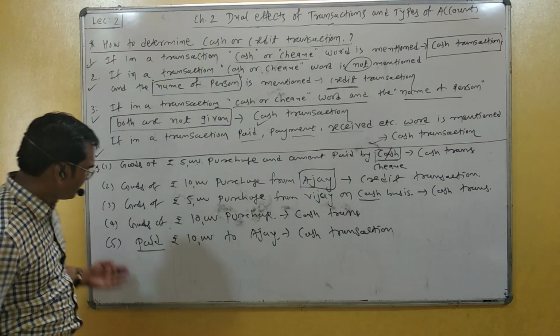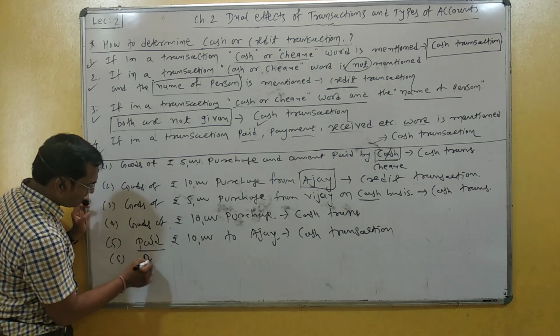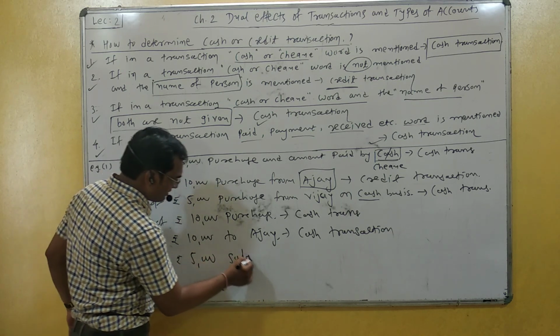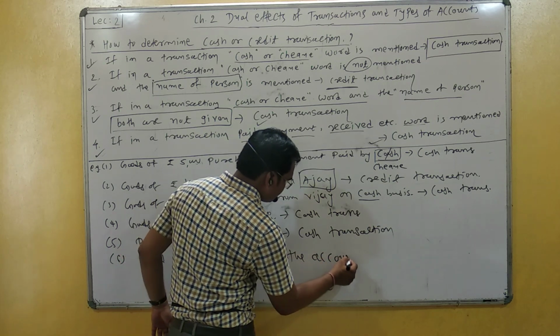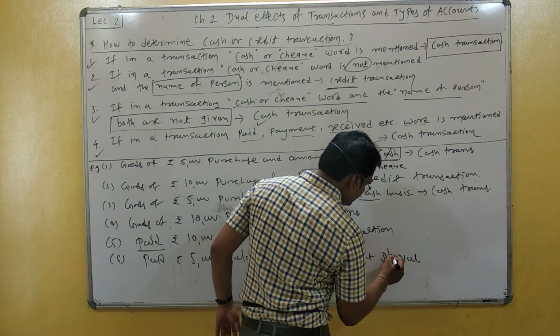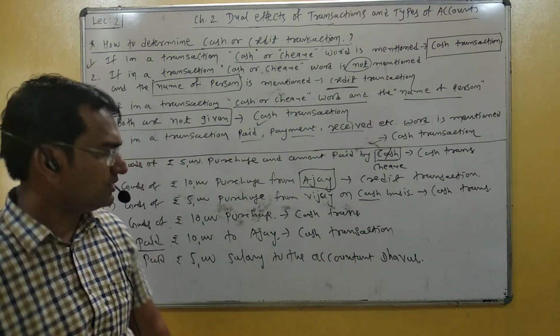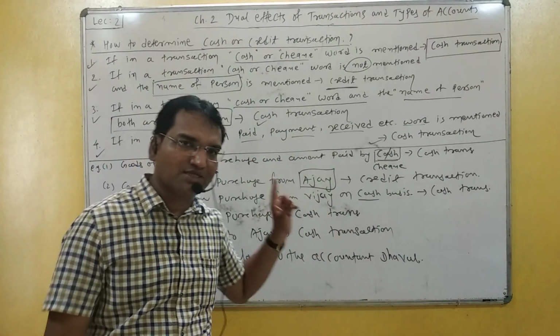Let us take a further example of rule number 4. Pay rupees 5,000 salary to the accountant Dhaval. You think that the name of a person, Dhaval, is given, so it is treated as a credit transaction.